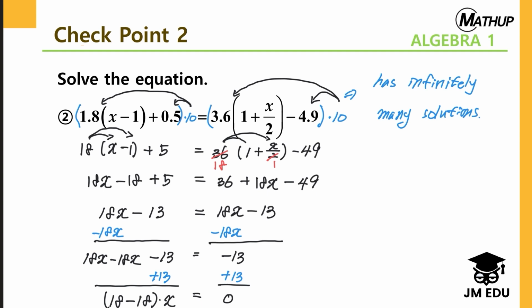So finally, let me rewrite this expression right over here. 18 minus 18 is 0, right? So 0x is equal to 0. This means for any x we substitute, this is always a 0, and the right hand side is always a 0, right? So this is always true for all x. So that means the equation has infinitely many solutions.